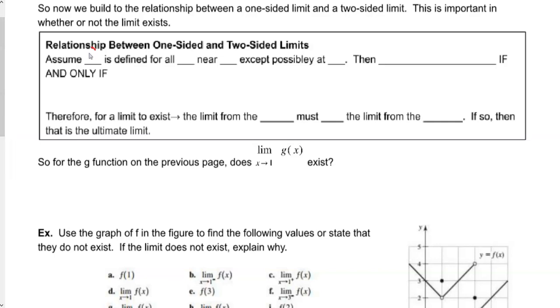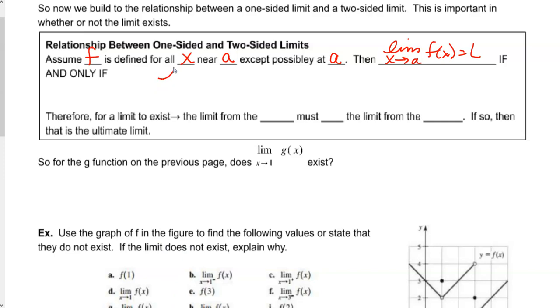So we're going to assume that f is a function that is defined for all x that is near a, except for possibly at a itself, because back on that g function, there was nothing at x equaling 2. Then the limit as x goes to a of f of x equals L. No superscript here, so that means that's the two-sided limit from both sides.